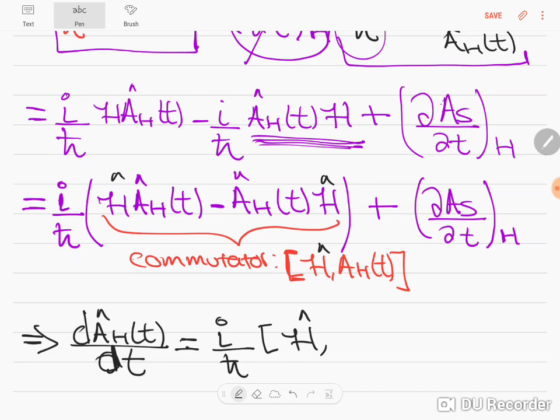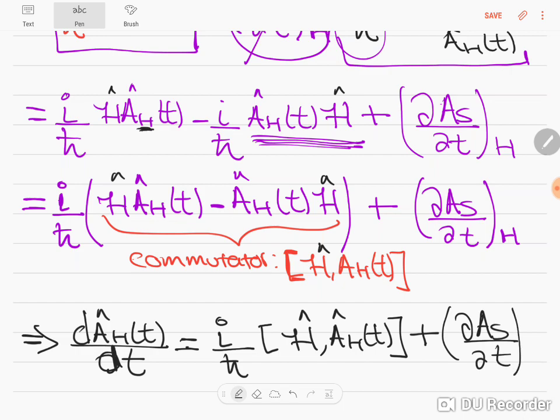The Hamiltonian is an operator, so be aware that the Hamiltonian has a hat, though I didn't put the hat here. And this H subscript is not the Hamiltonian, it is the label indicating that the operator is written in the Heisenberg representation. That's all. So Hamiltonians have a hat, and here this is the commutator between the Hamiltonian and operator A_H of t, plus this time derivative here.